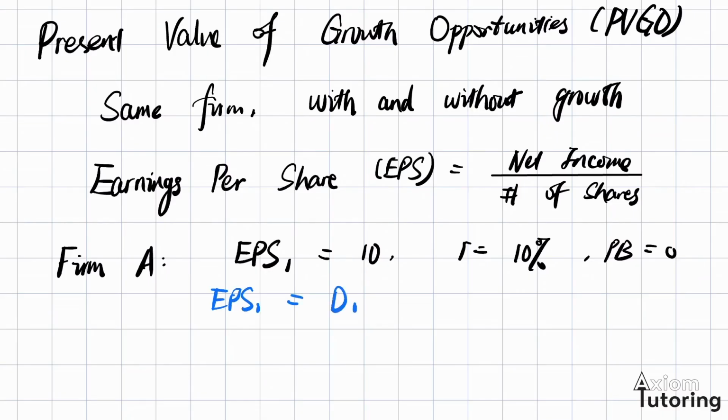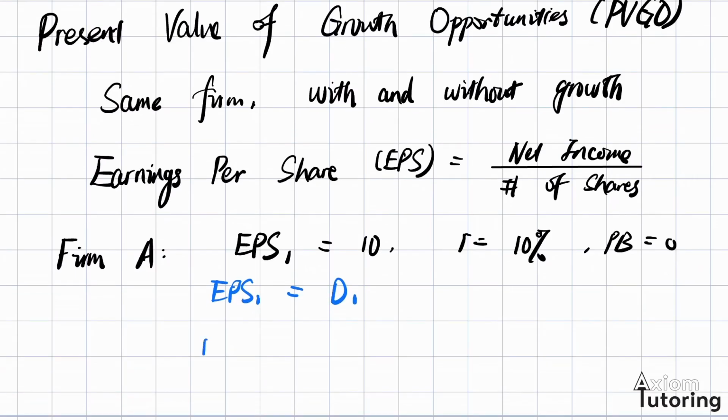No growth means everything you earned has been paid out to the shareholders as dividend. If we want to put a price on it, then it's simply D1 divided by R, assuming the R is constant over the time period. It's going to give us 10 divided by 10%, which is 100. So the price per share, or the price of the stock, is going to be 100.